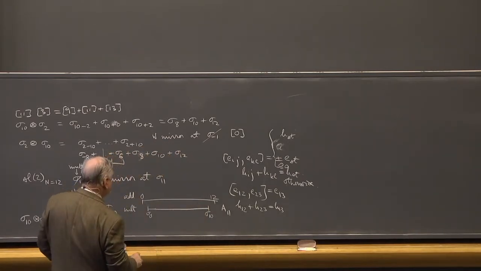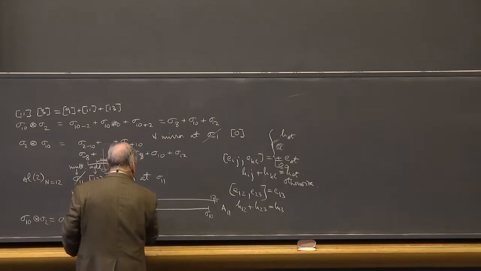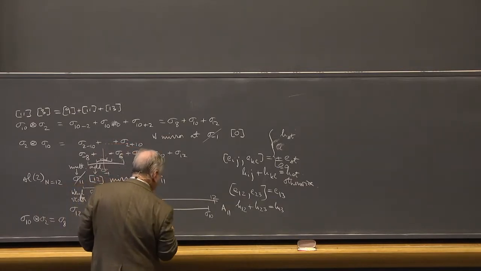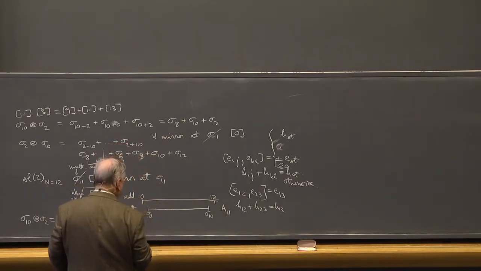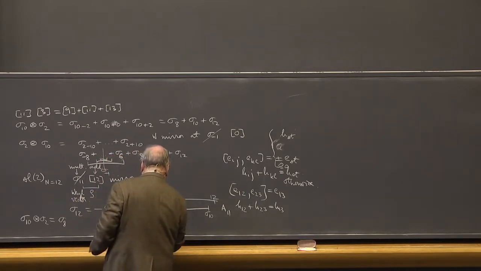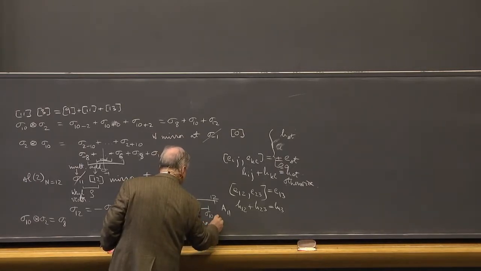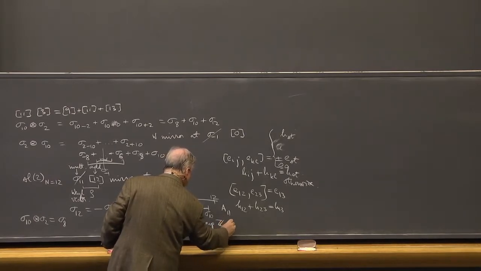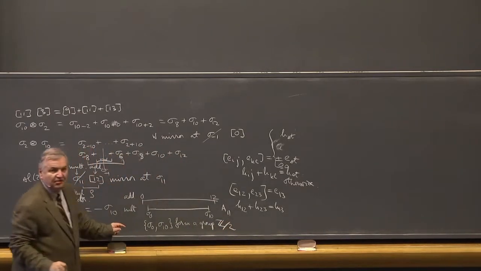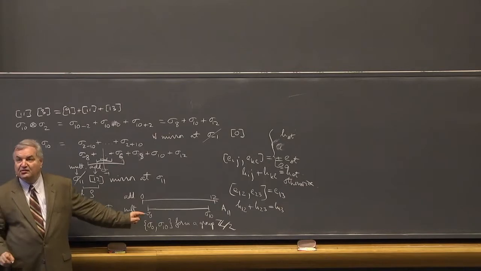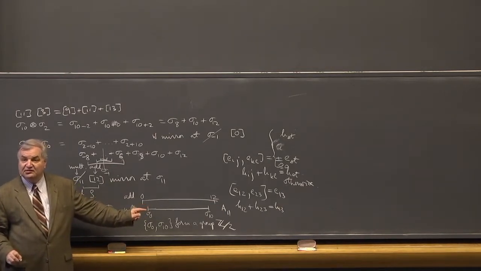And this is additive, multiplicative, and in this case, sigma 0 together with sigma 12, sigma 10, form a group Z mod 2. Yes? That center that appeared before in various guises.